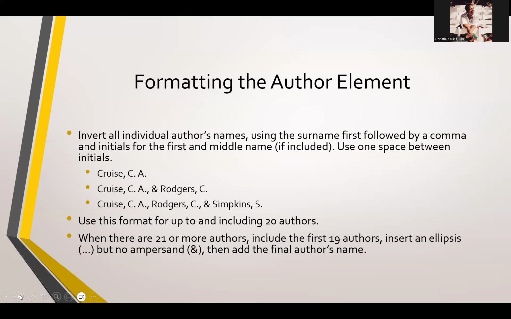So let me say that again. For the first 20 authors, yes, you have to list out all 20 authors if they're there. Follow this format of the inversion of the author's name. If there's 21 or more authors, when you get to the 19th author, ellipses, no ampersand, then add the final author's name.